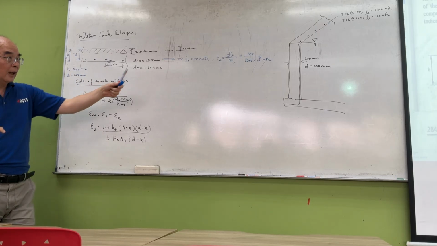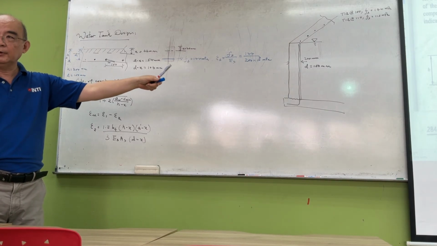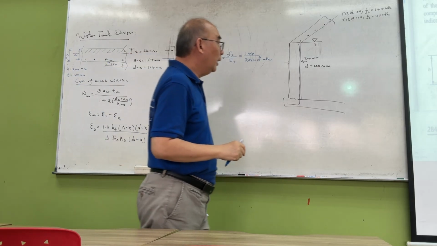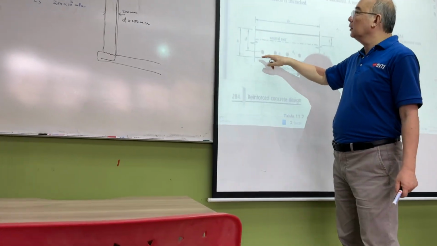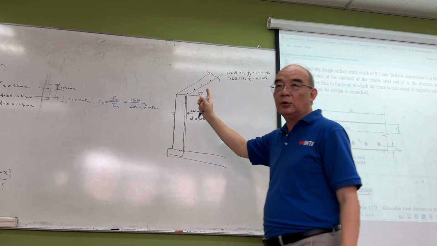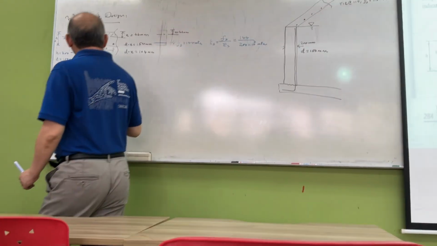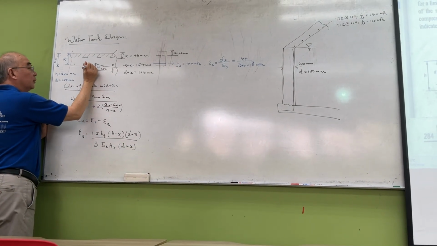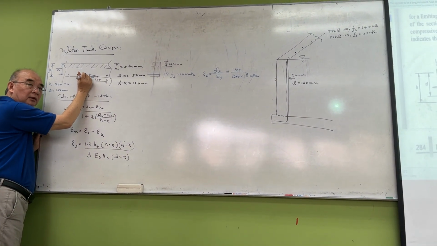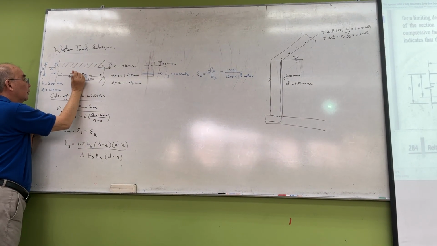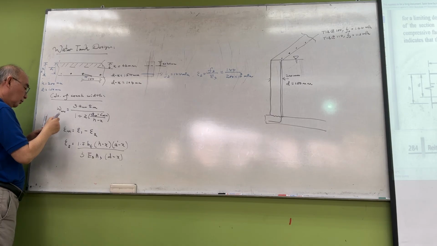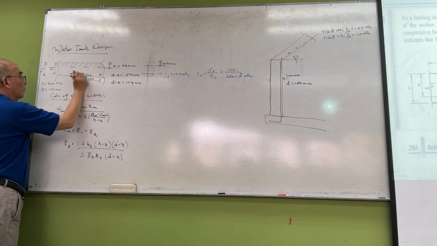the cover is 40 millimeter, and we are using T12 bars, right? So this distance will be 40 plus 6, which is 46.